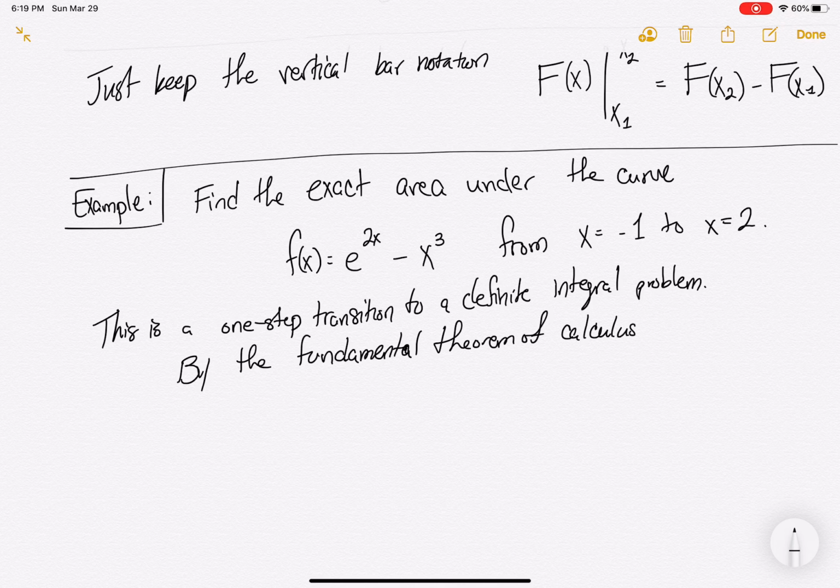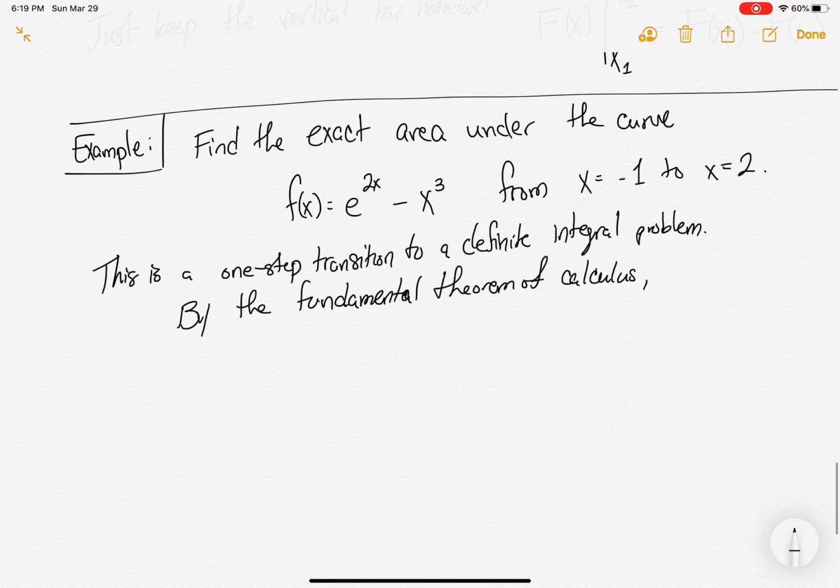So you say by the fundamental theorem of calculus, the exact area it's looking for is equal to the integral from -1 to 2, a definite integral now, of our function, e to the 2x minus x cubed dx.